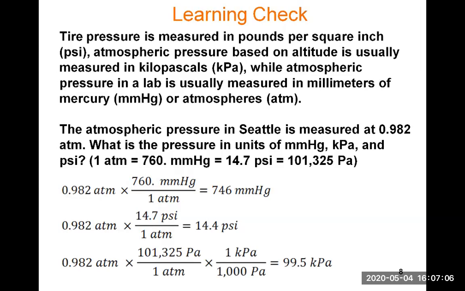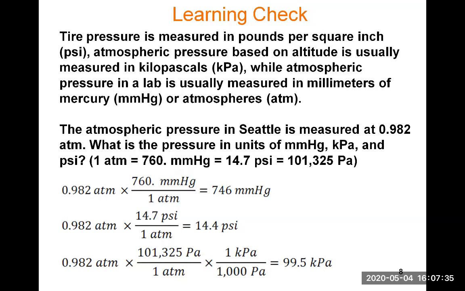The second conversion factor will change the pascals into kilopascals, and the relationship is that 1 kilopascal is equal to 1,000 Pascal, right? Kilo is the prefix with the value of 1,000. So if you change kilo by 1,000, you get this equality. The atmospheres cancel, the Pascal cancel, and we're left with kilopascal for the units.